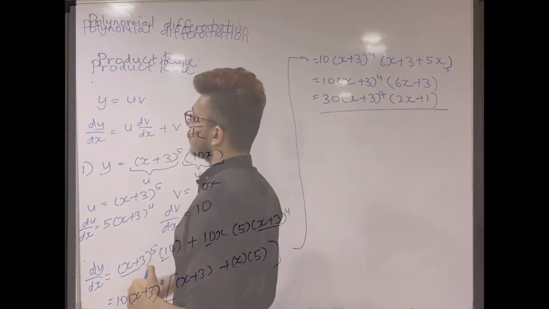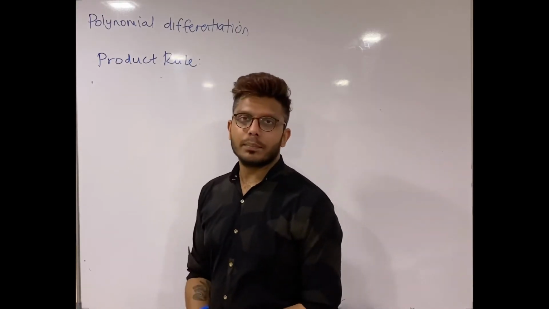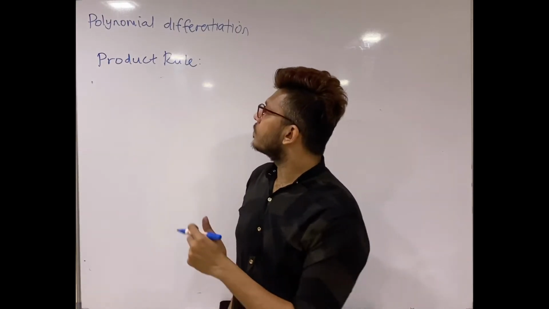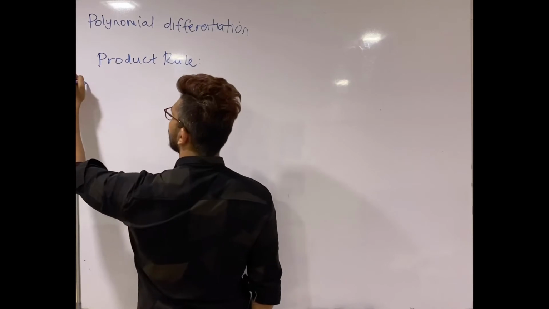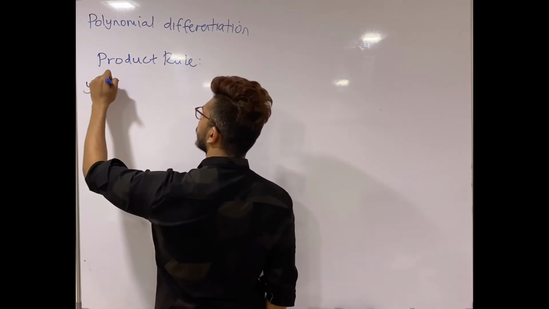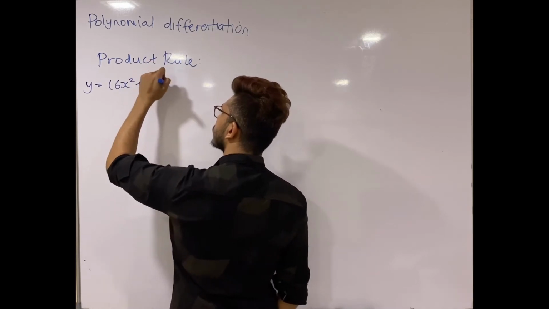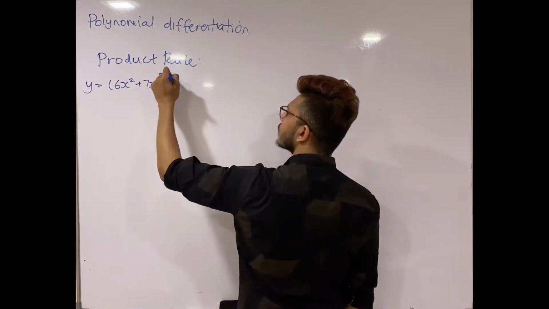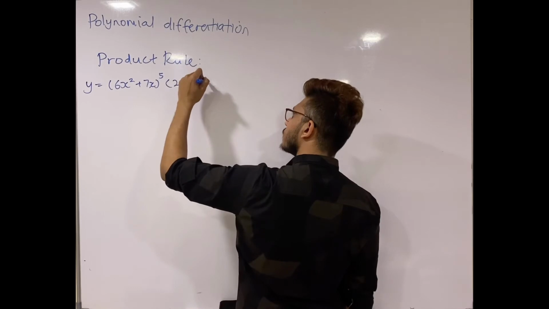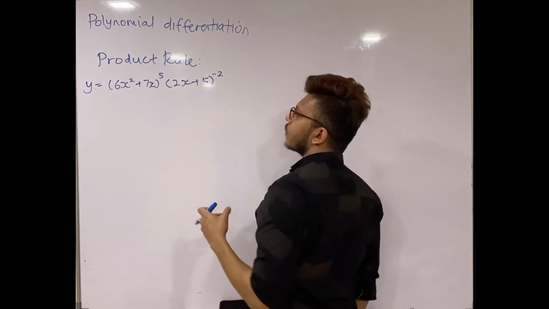So always simplify whenever you can. Let me give you another example, guys, for the product rule. Say you have this, and so how do we do this?